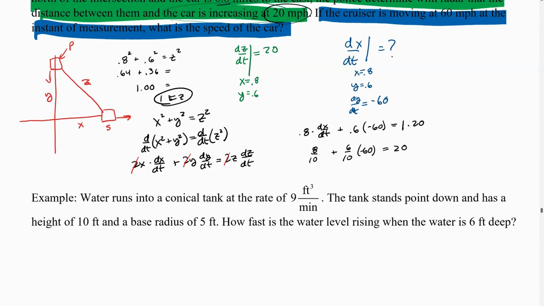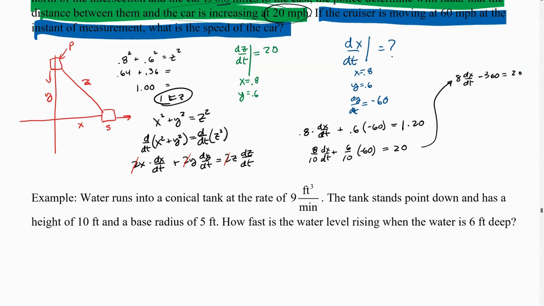Let's multiply everything. Oh, sorry, I forgot the dx dt. Let's multiply everything by 10. So I get 8 dx dt plus, the 10 goes away, so it'd be minus 360, is equal to 20.